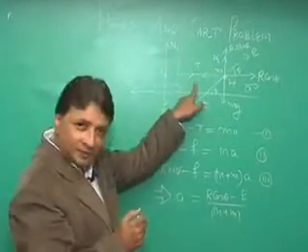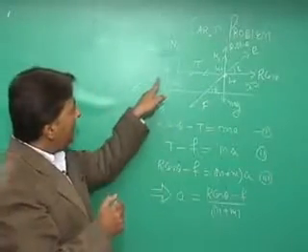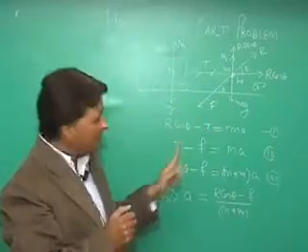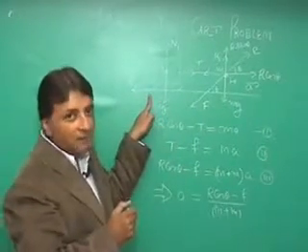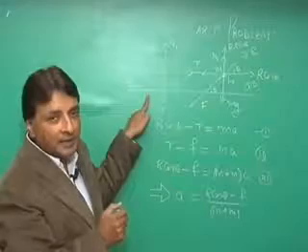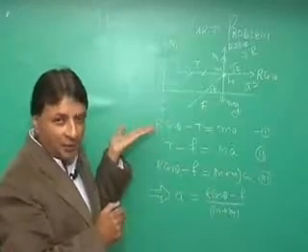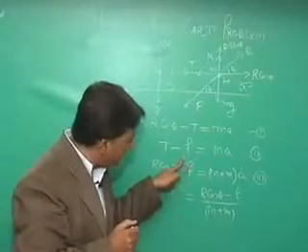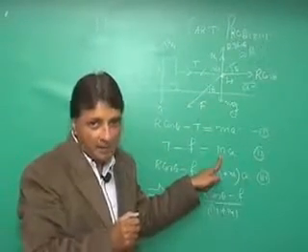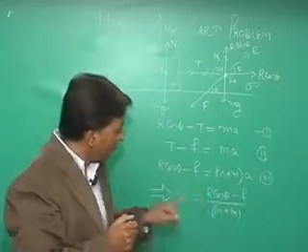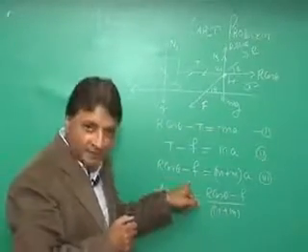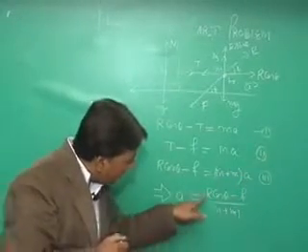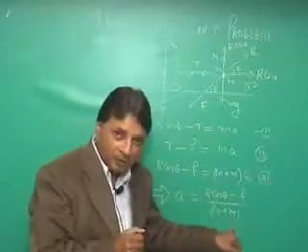Now tension will make the cart move with the same acceleration, but there is a force of friction between the cart and the track, say the horizontal road. Therefore tension minus the force of friction is equal to Ma. Now if we join the two, you get R cos theta minus force of friction equals (M plus m) into a. So a equals (R cos theta minus F) upon (M plus m).